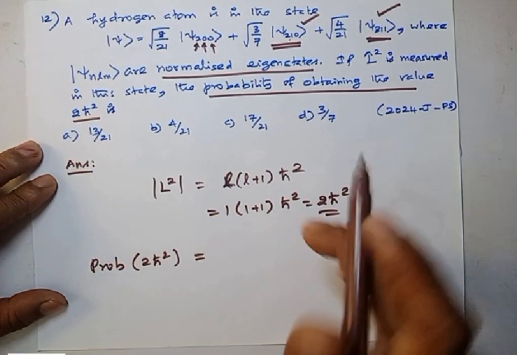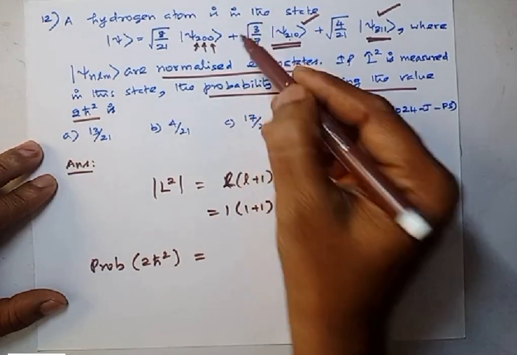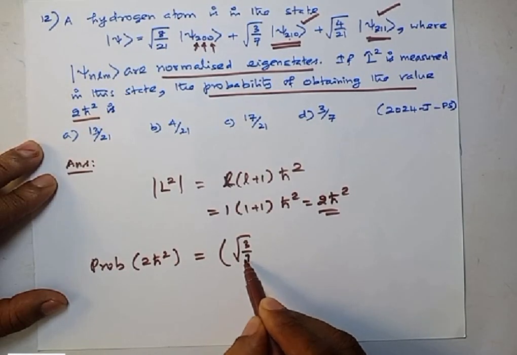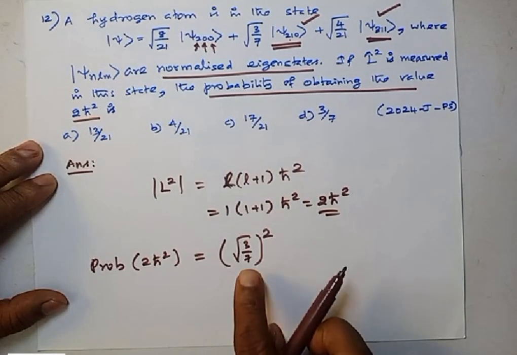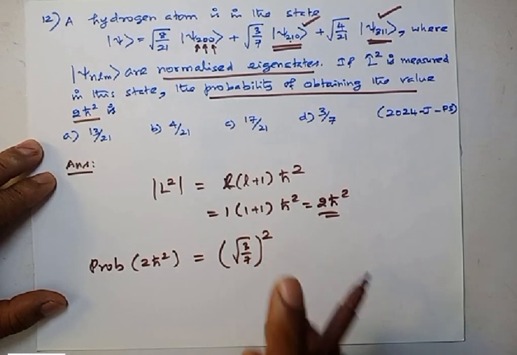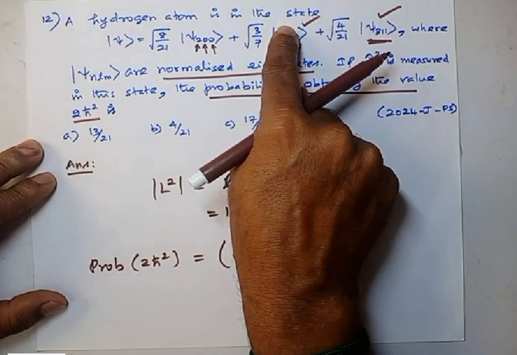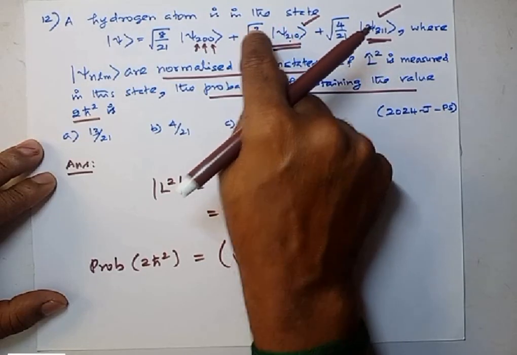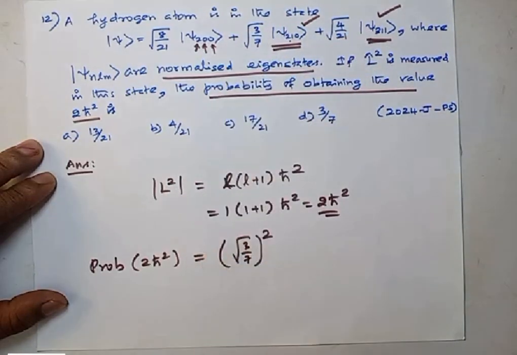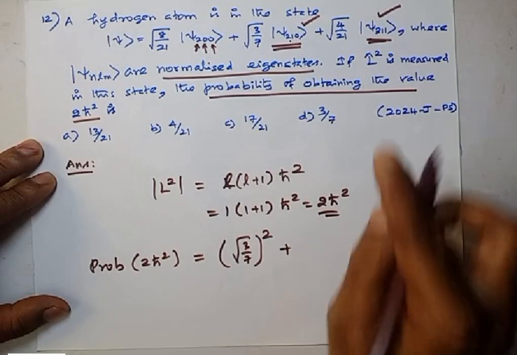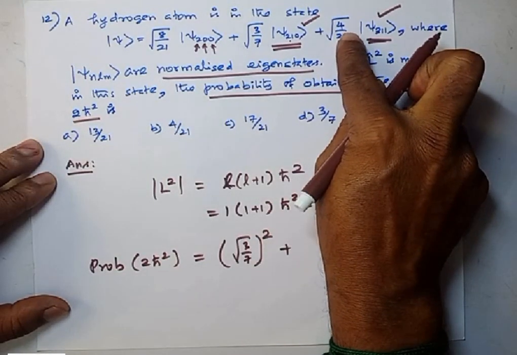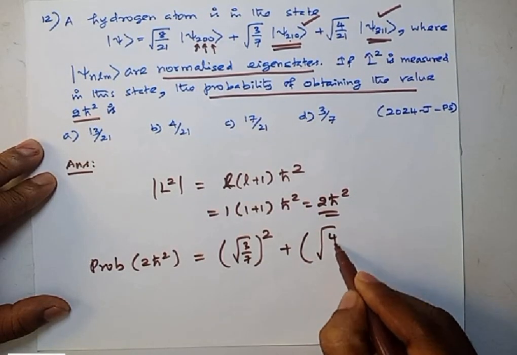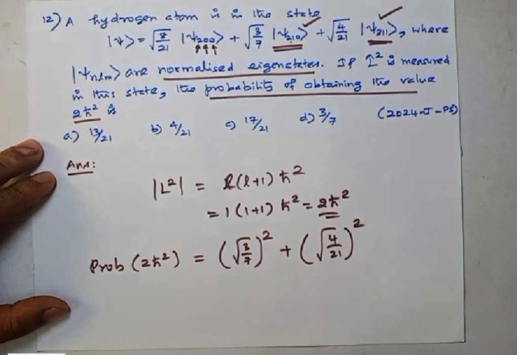So what I'm going to do is see the coefficient and square the coefficient, square of 3 by 7. This will give you the probability of finding 2 h cross square in this state. For this state, the probability of getting 2 h cross square is nothing but the square of this coefficient, plus the probability of getting 2 h cross square in this state, which is the square of this coefficient, square root of 4 by 21 square.